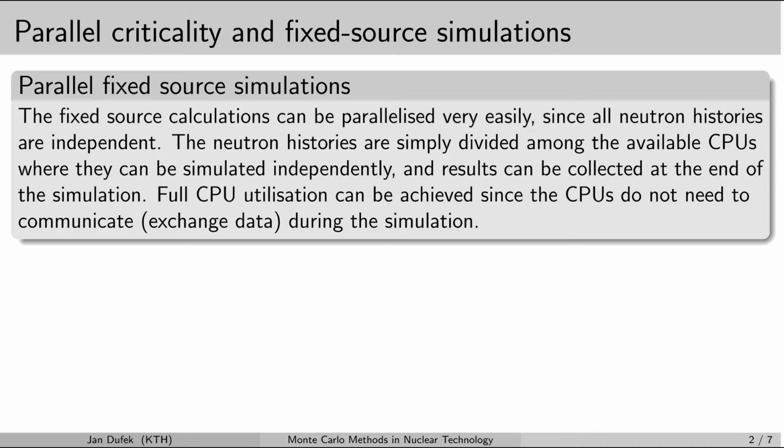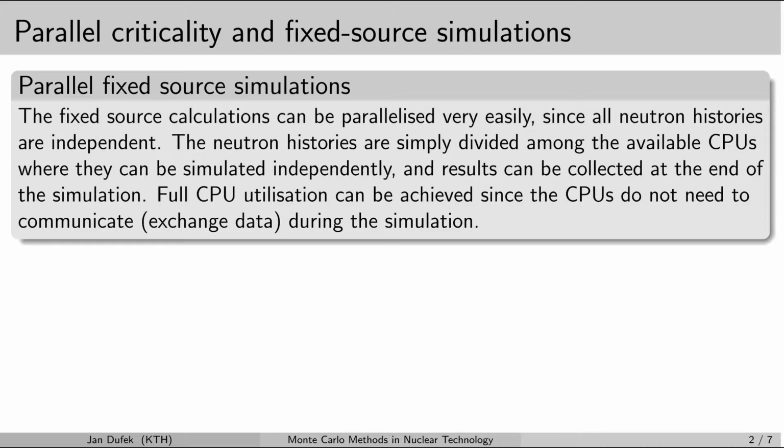For instance, if you wanted to simulate 1000 neutron histories and you want to use 10 processors, we will simply allocate 100 of the neutron histories to every processor, and we run the independent simulations of these neutron histories on all those 10 processors, and at the end we just collect all the results and process them.